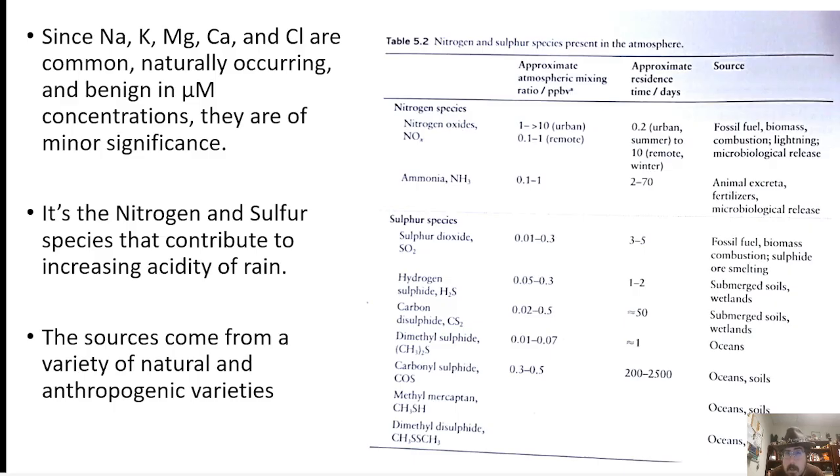In our whole last chapter we looked at NOx. It can be high in urban and low in remote, and it can last a long time or a very short time depending on the heat. But we can also get ammonia that can form that, and that can come from fertilizers and natural processes.